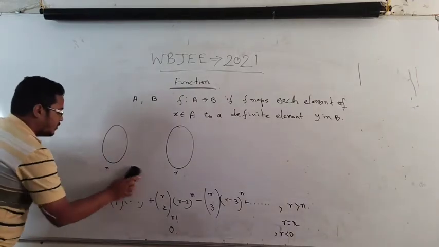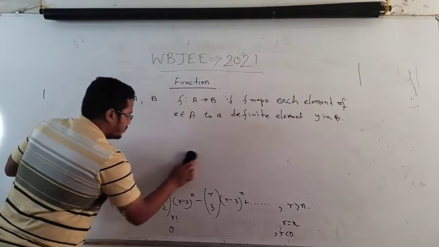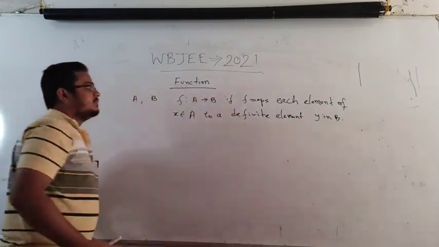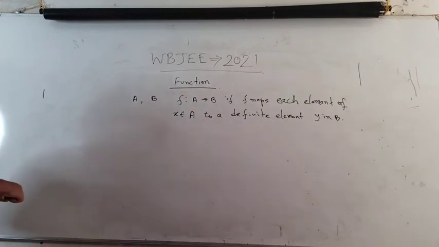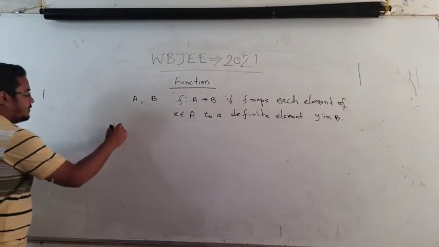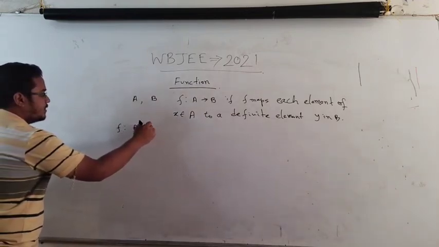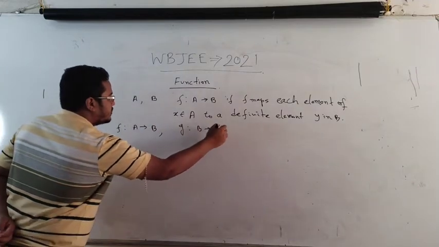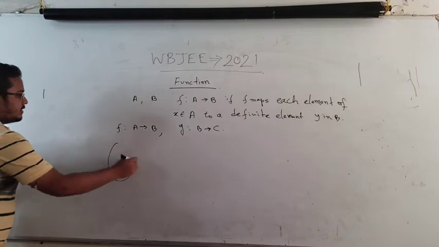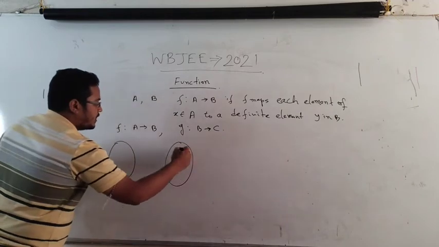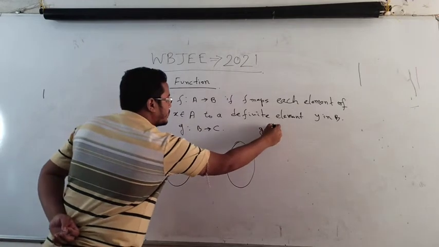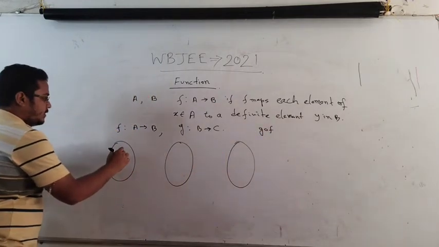Now we will discuss the composition of 2 functions. For composition we have to take 2 functions, say f from A to B and g from B to C. Then we first compute the composition g o f.